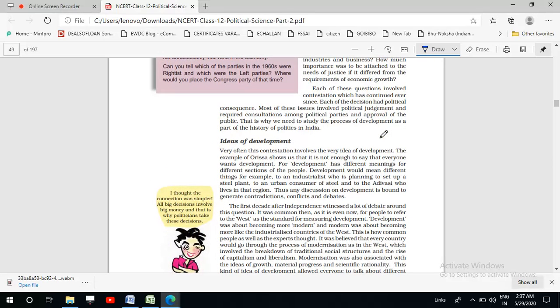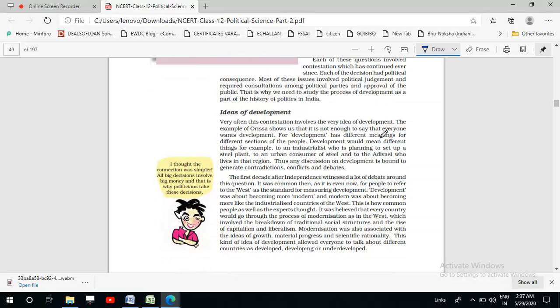Now we will see these ideas of development. We have seen the example of Odisha, and we can't say that the idea of development is the same for all. Development has different meaning for different sections of the people.